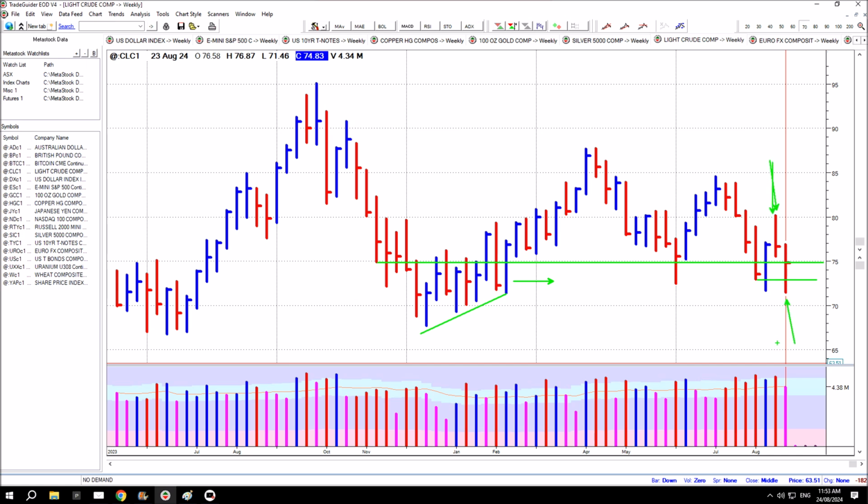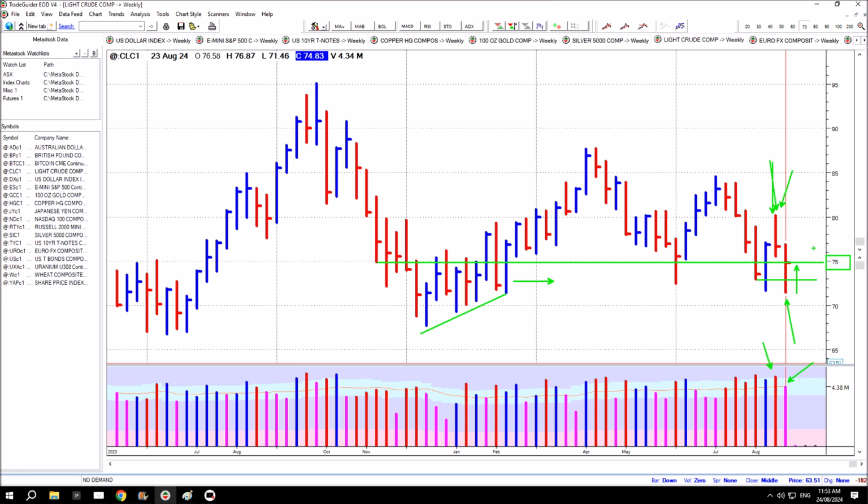It started like a little shakeout sort of bar. Volume reduced to about average after the weakness last week was above average. So selling pressure eased. That allowed the market to close back above the mid-bar level and around about the $75, which is a sort of sweet spot the market's been trading in for some time now.